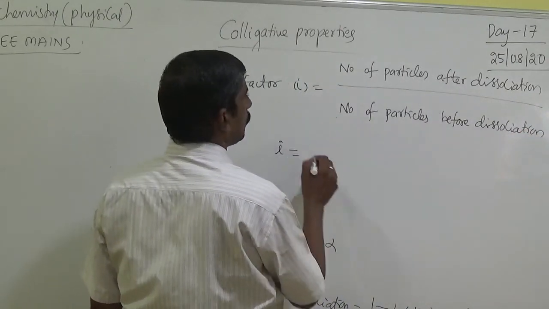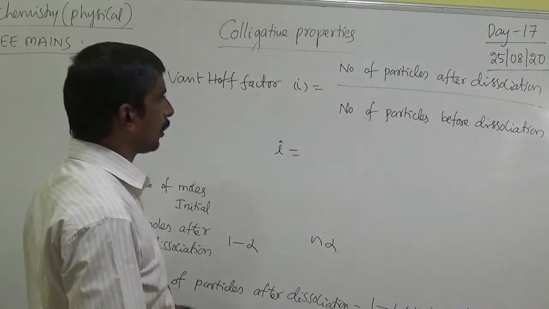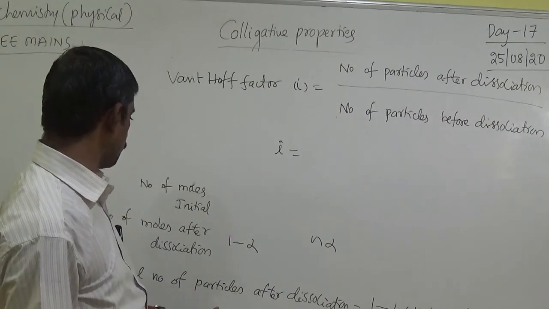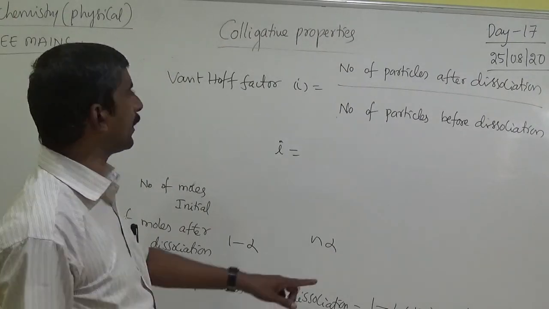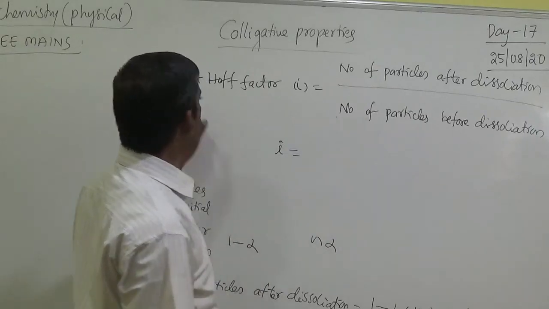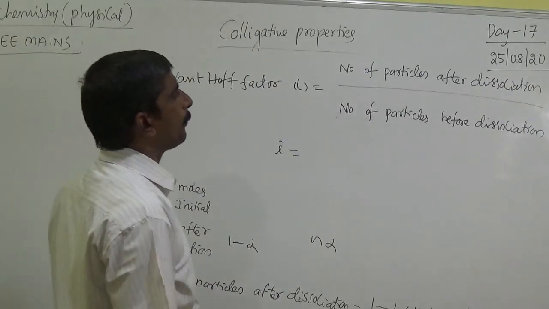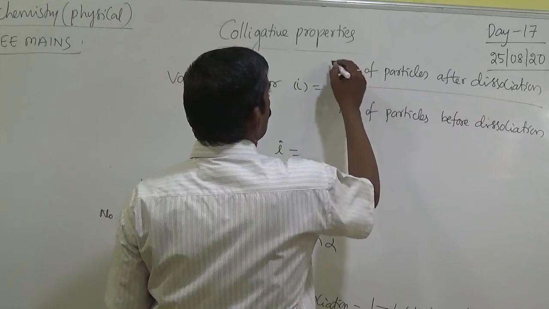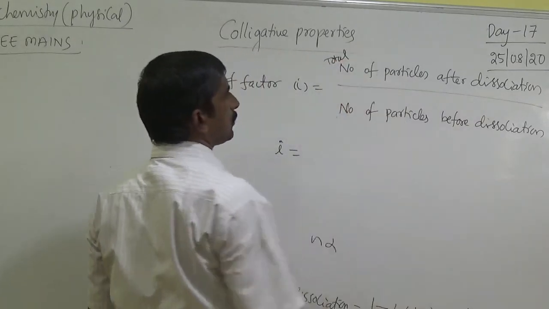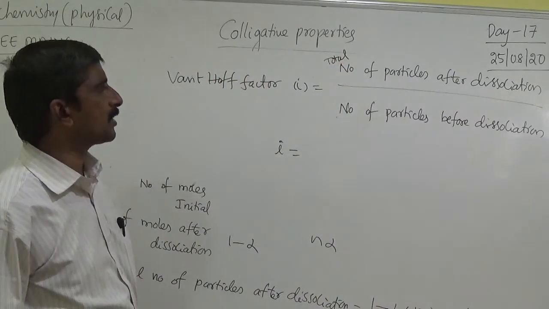So the Van 't Hoff factor equals the total number of particles after dissociation.